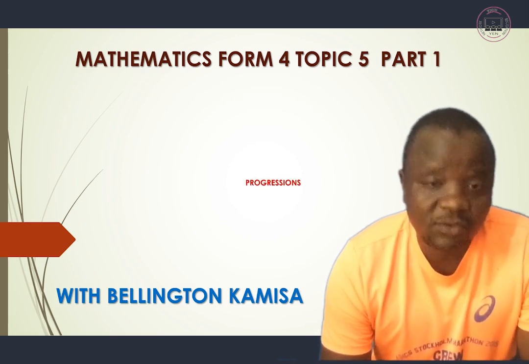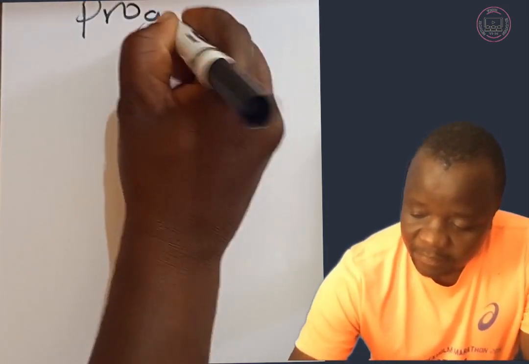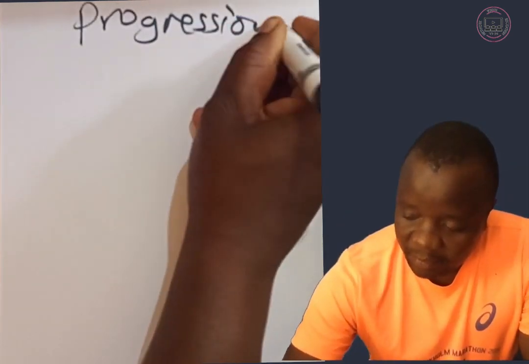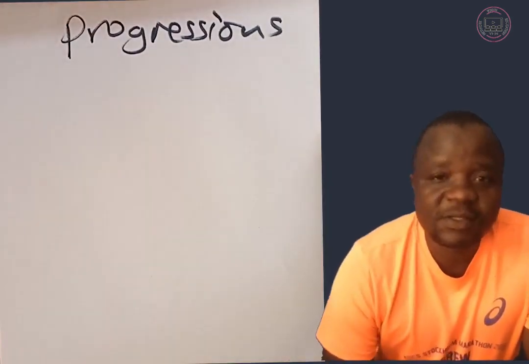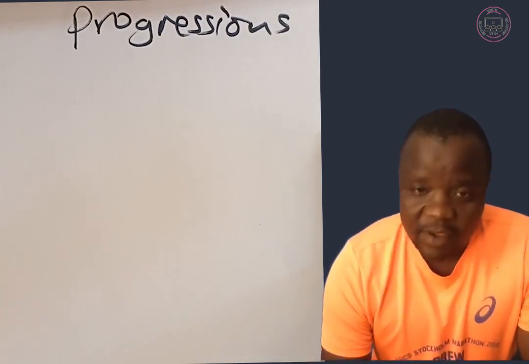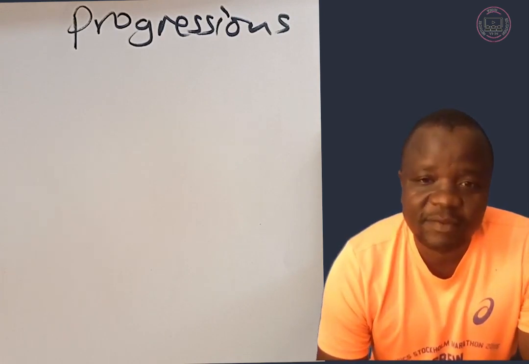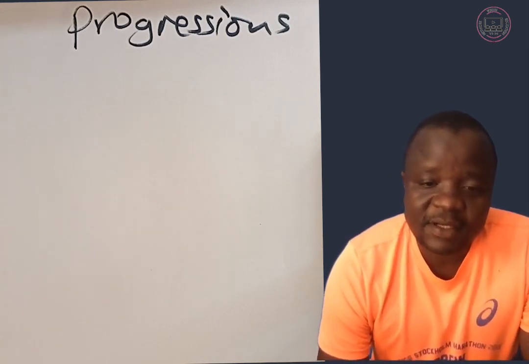But when you look at the terminology, progression, maybe we can pluralize it to progressions, because we have two of them. The word progression comes from the word progress, where you have a list of numbers that are continuing.